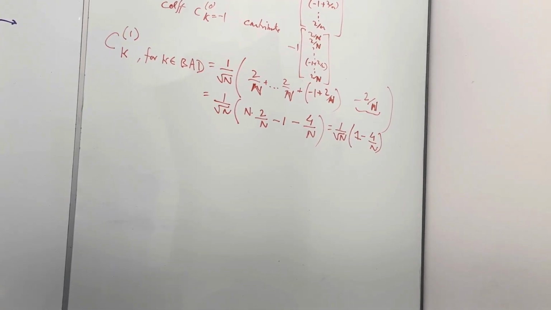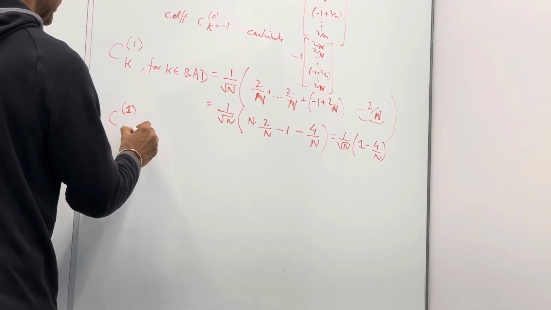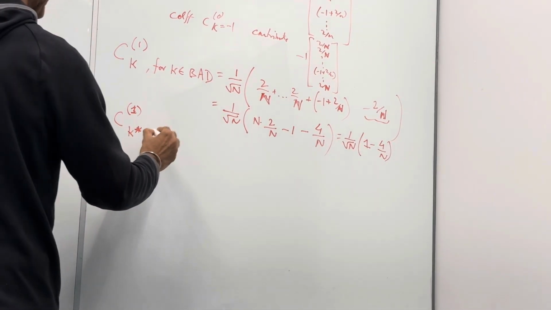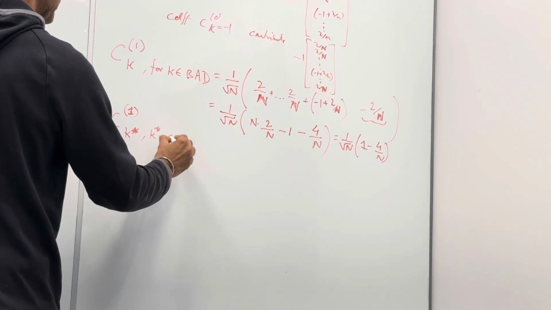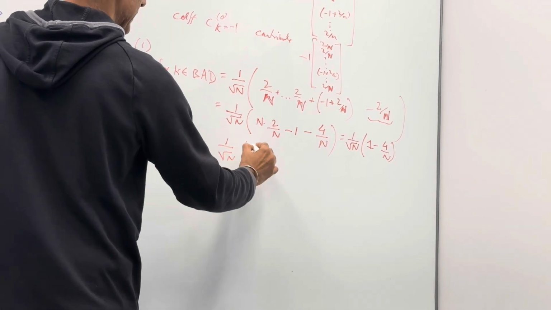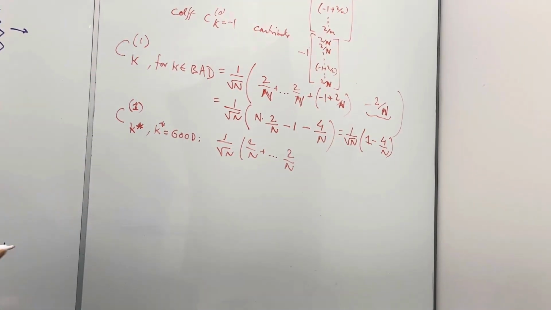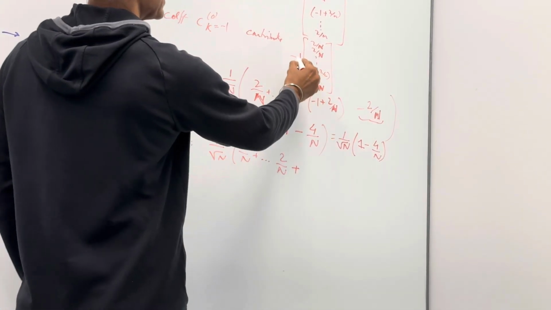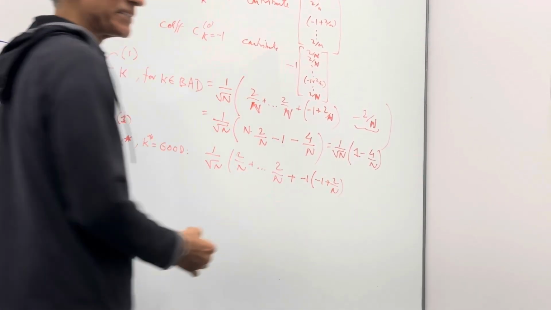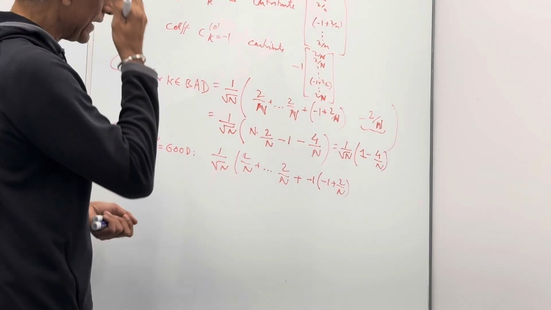Let's see what happened to the good guy, and we can call that guy K star, the good guy. Again, we'll get 2 by N from all the guys, but it's going to get -1 times -1 plus 2 by N from itself, because it was negated, and that's it.